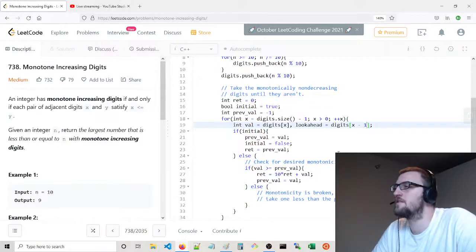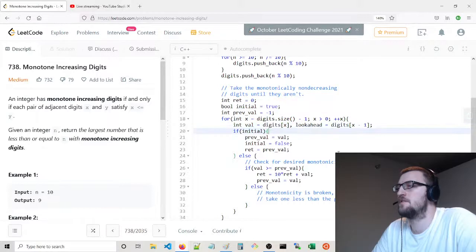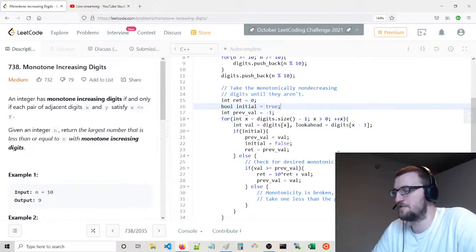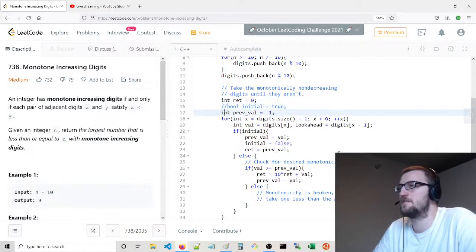Okay. Now we're going to say we'll come back to this initial. We might not need that, or this previous value might not need that either. Yeah, so, okay.